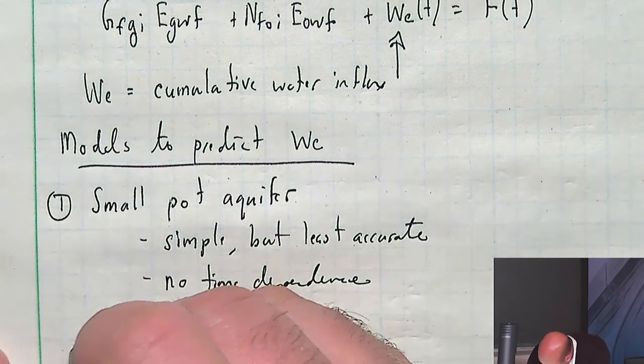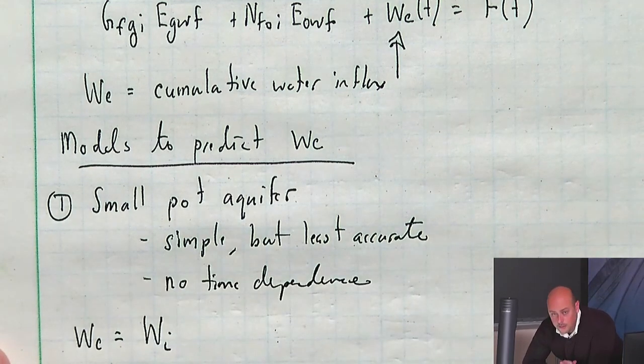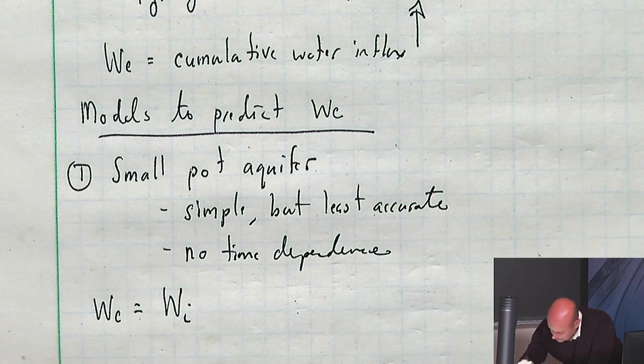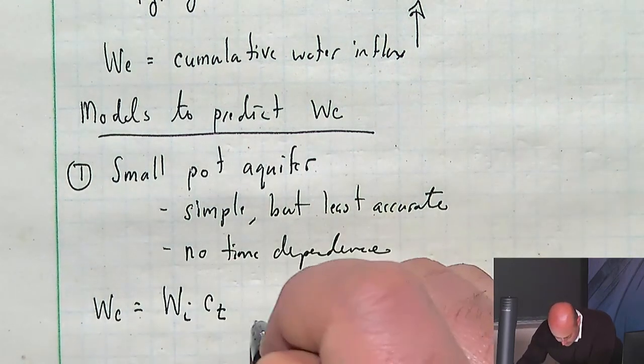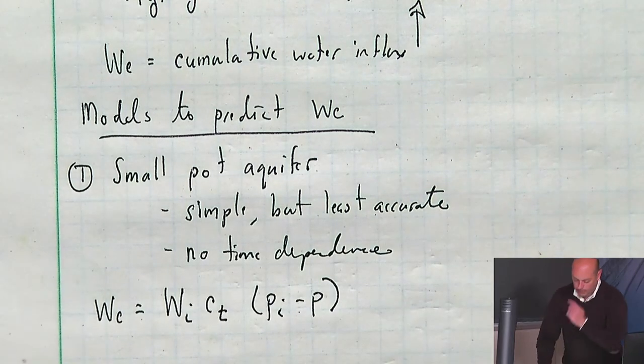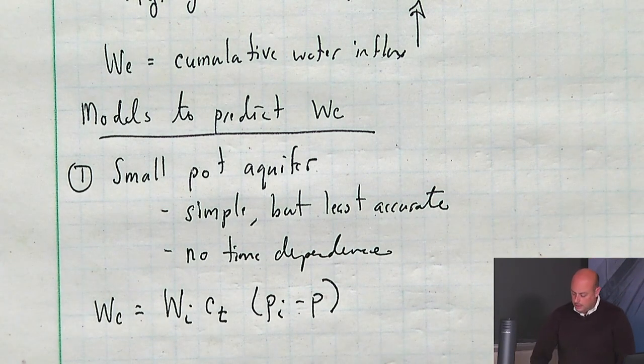And the equation that we learned, WE is equal to WI, which is, again, the barrels of water in the aquifer, times the compressibility, times the pressure difference. So PI is the initial pressure.